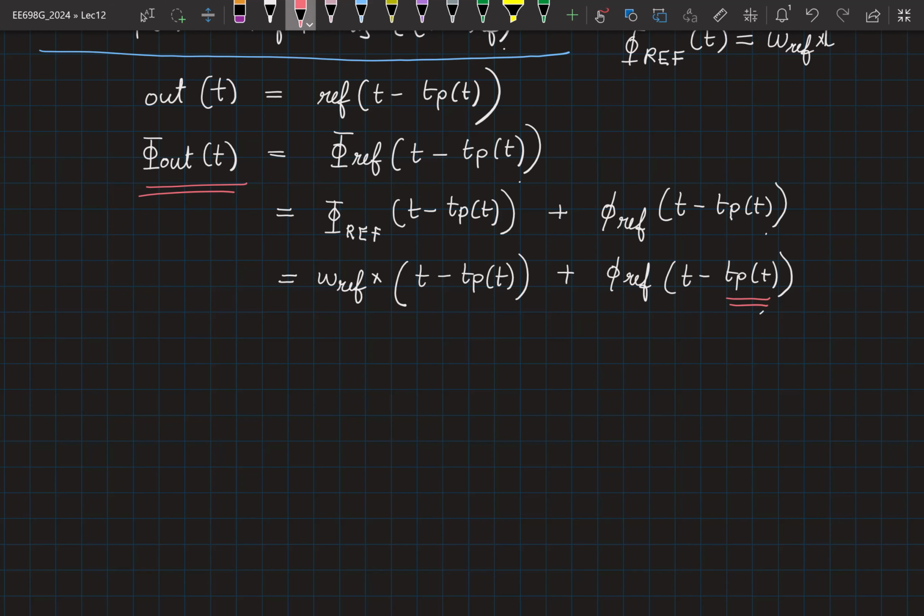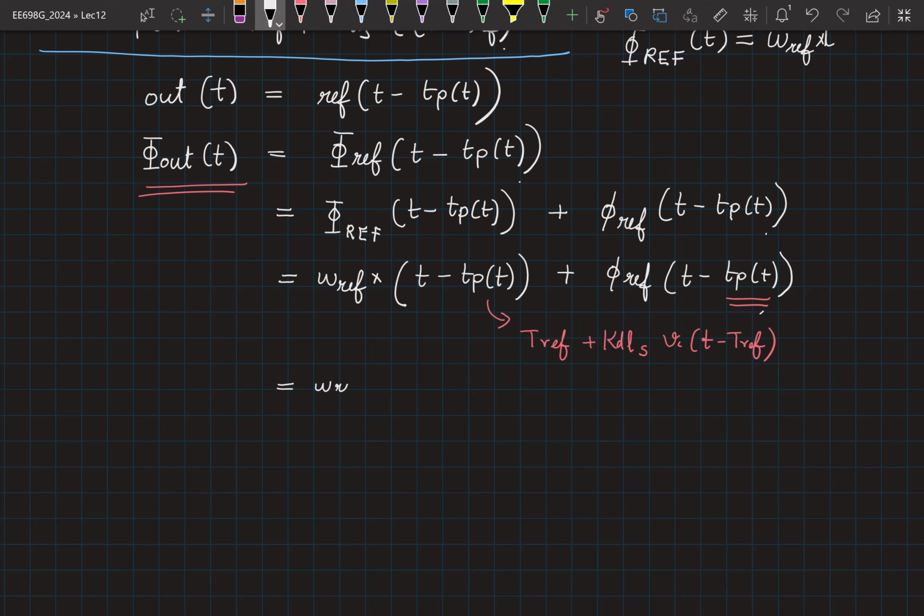So now what is the expression for Tp of t? This is some Tref plus KDL in seconds per volt into Vc of t minus Tref. Right? So I will substitute that.